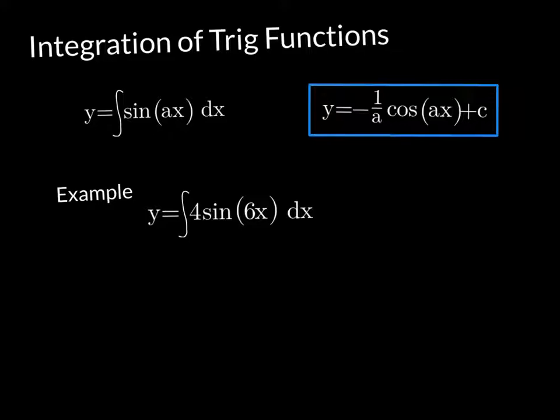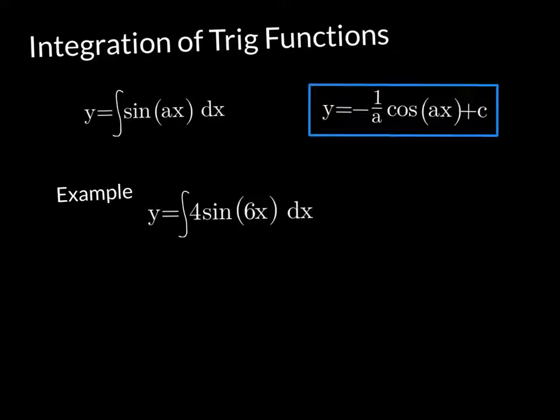When we have sine of ax, for example, where a is just some arbitrary coefficient, hopefully you remember that when we're differentiating, we bring that coefficient a out the front as a multiplier, and then the sine function changes to a cosine function, and the thing in the bracket just stays the same. So what happens when we integrate?